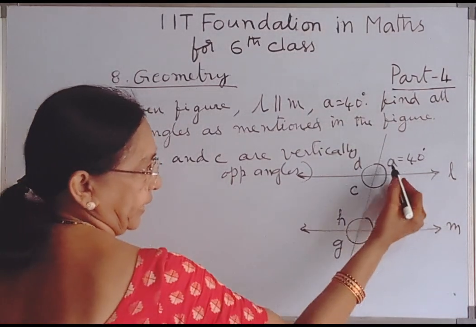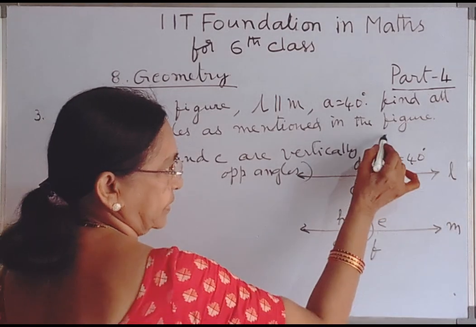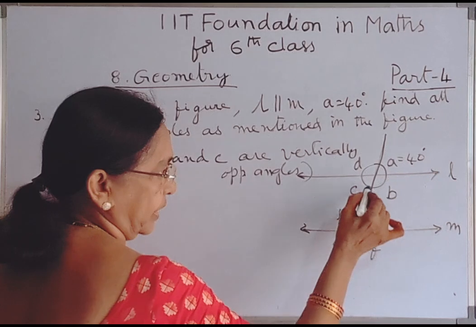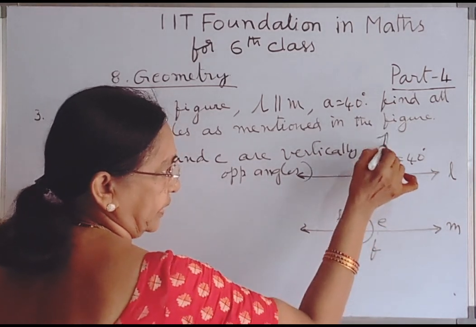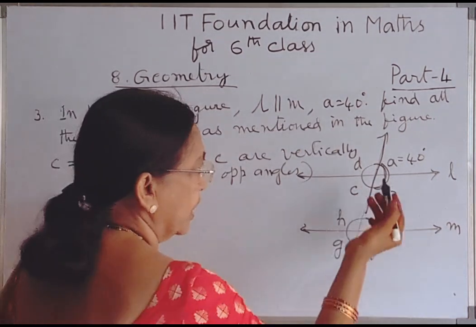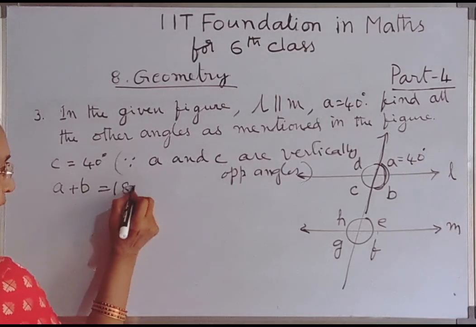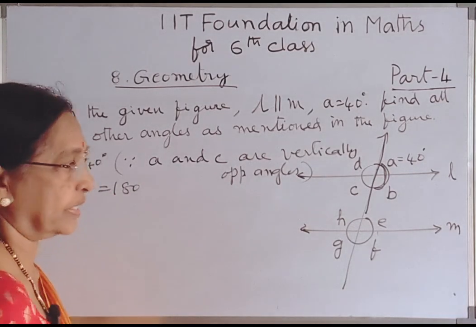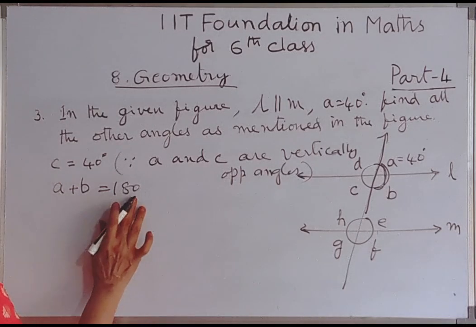Next, A and B are a linear pair because it is a straight line. These two rays, the angle between these two, that is A and B, are a linear pair. So A plus B is equal to 180 degrees. When two angles form a linear pair, their sum is equal to a straight line, which is 180 degrees.